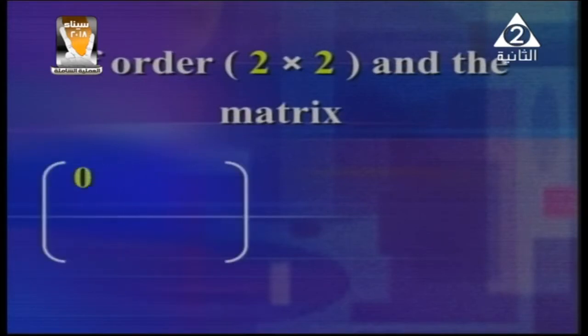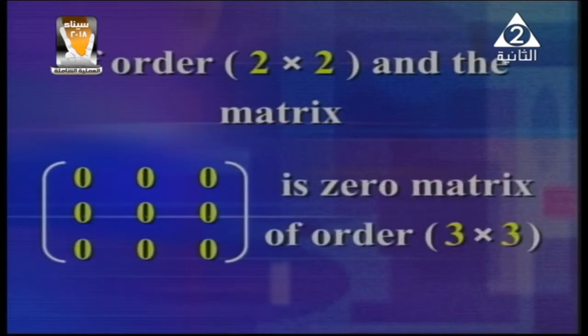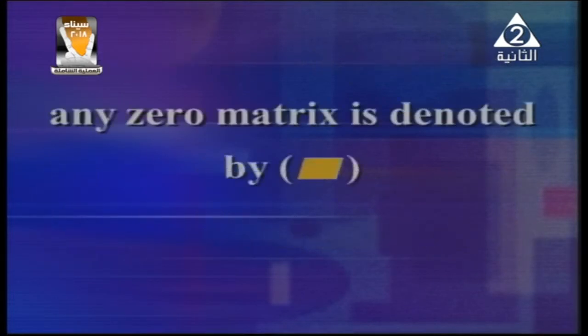And the matrix that has 3 zeros in the first row, the second row, and the third row is called the zero matrix of order 3 times 3, a square matrix. The zero matrix is denoted by this symbol.